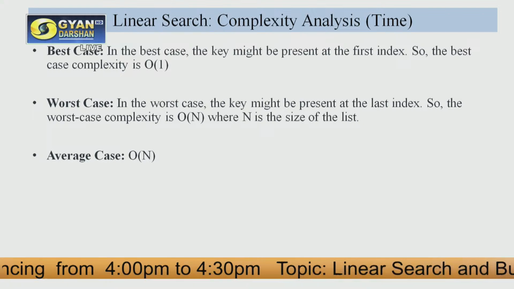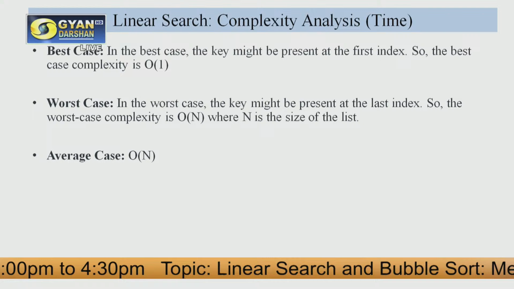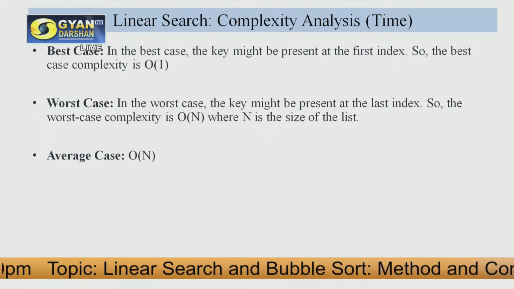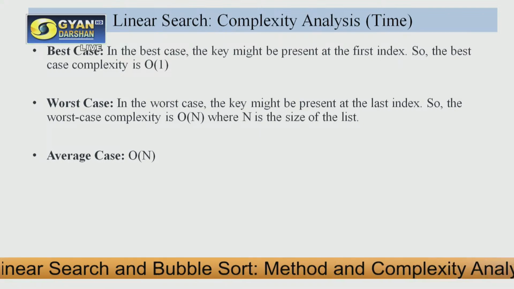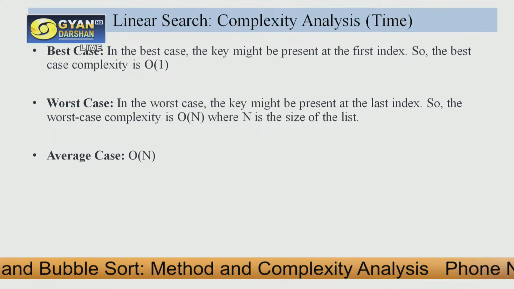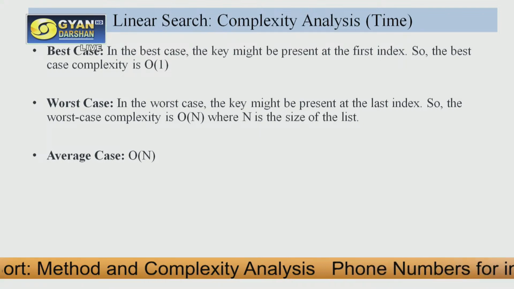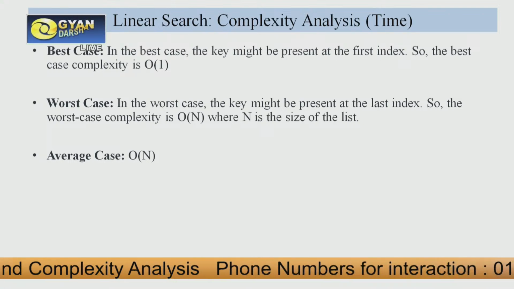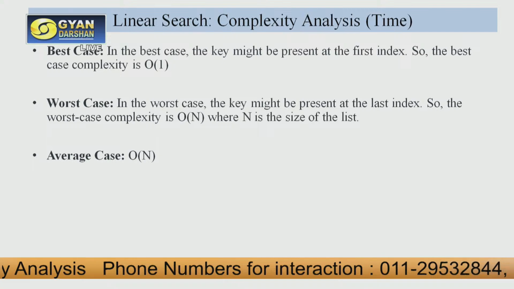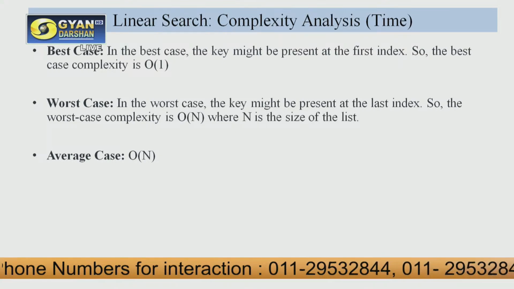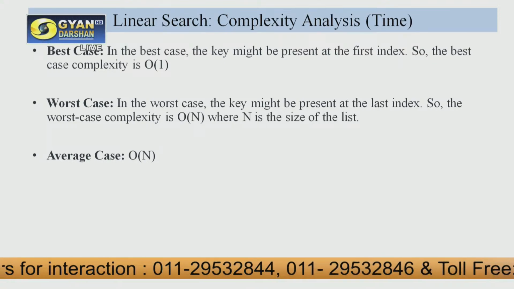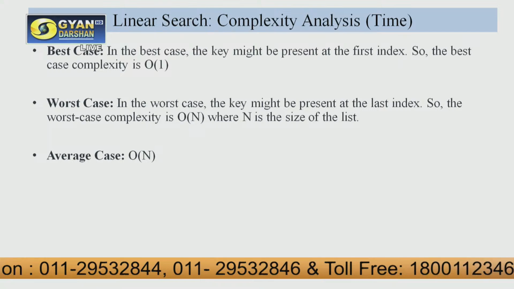So is the case with linear search. If we talk about the best case, the best case situation will be when the key to be searched is found at the first location itself. In that case the time complexity will be order of 1.